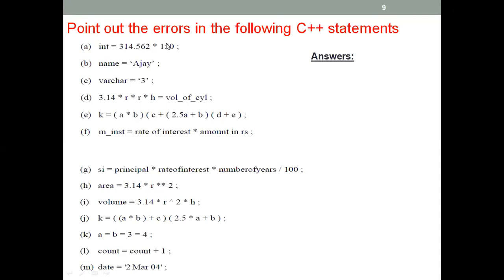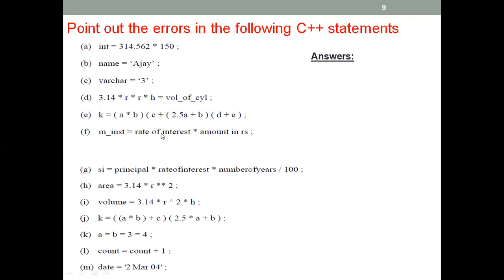Another one: what is the mistake here? This side is okay because you have an underscore here, but this side is wrong because in the programming language, it cannot understand this space here. So you must put an underscore here: rate underscore of underscore like this. This is wrong because you have a space here.